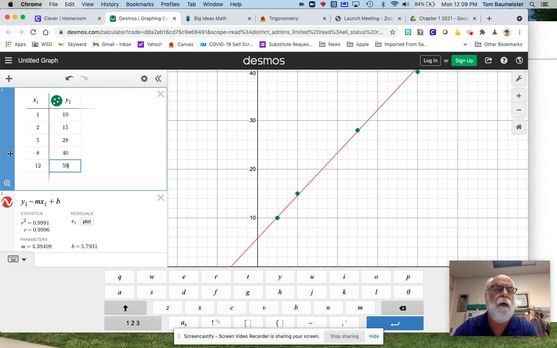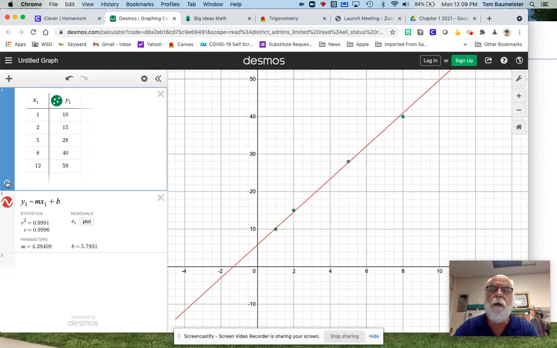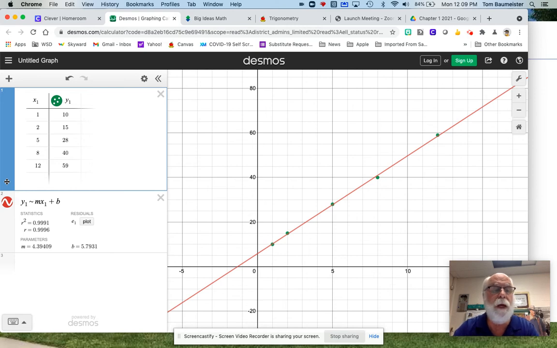All right, so again, it's kind of looking there. Good. If I zoom in a little better, it shows us a little better. And again, look at what we have here. And I did write it down. So our M is 4.39409 and our B is 5.7931.